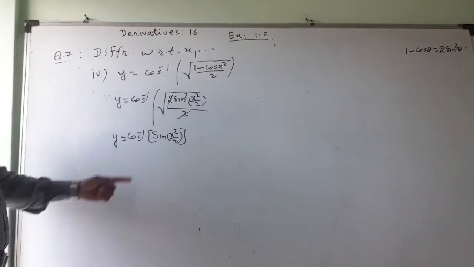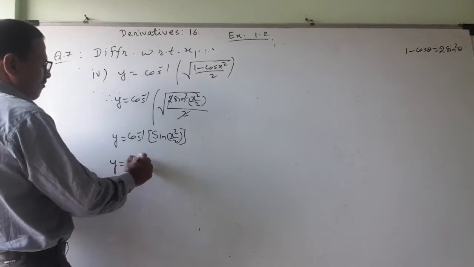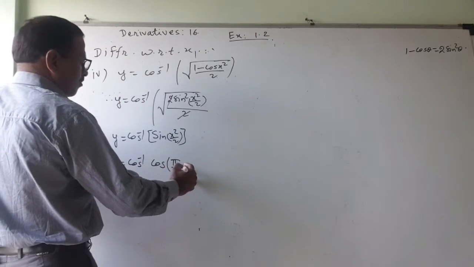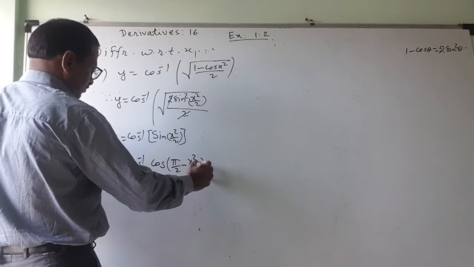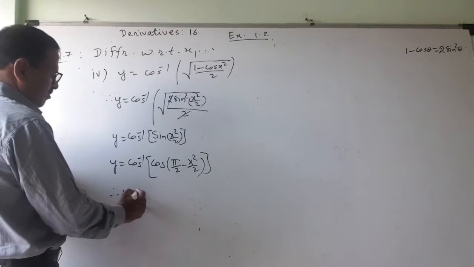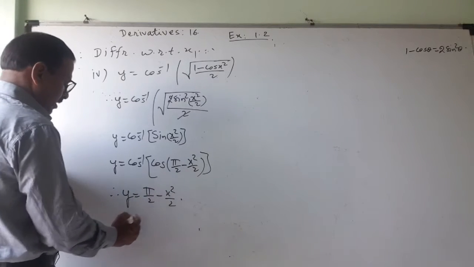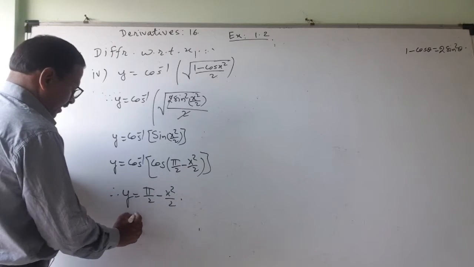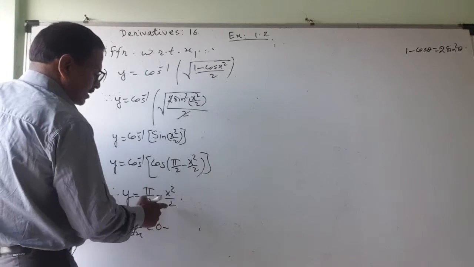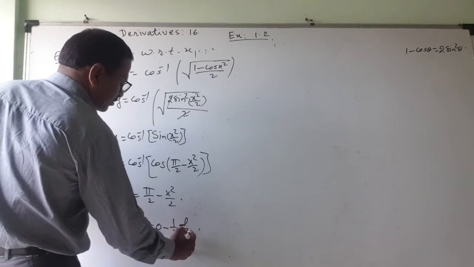Now once again I have to change the ratio, so y is equal to cos inverse of cos of pi by 2 minus x square by 2. Now this cos inverse cos gets cancelled, so y is equal to pi by 2 minus x square by 2, and therefore dy by dx is equal to 0 minus 1 upon 2 taken out, into d by dx of x square.